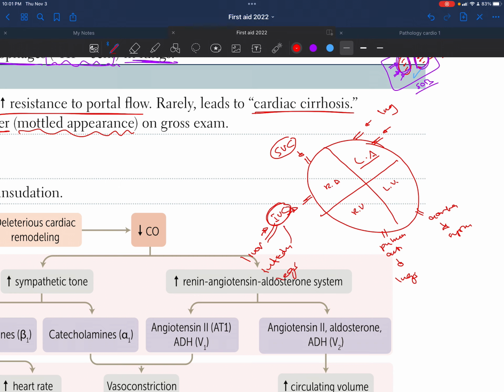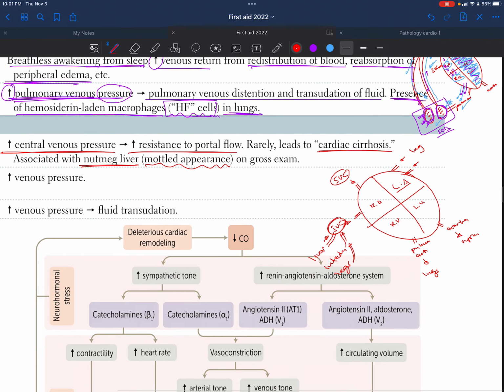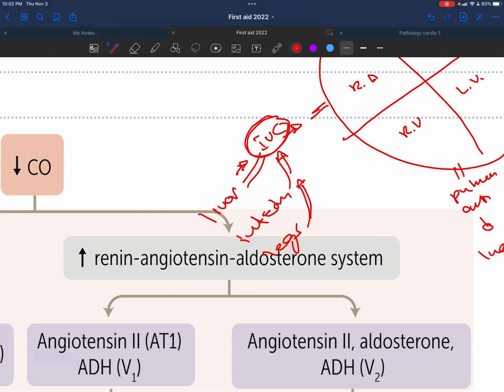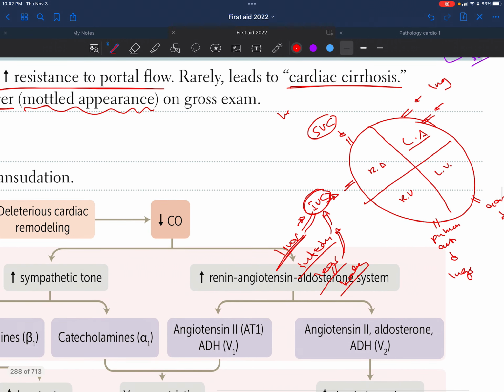All of that flows into the inferior vena cava. So under normal conditions, the blood coming from the hepatic circulation, from the liver, from the intestine, legs, kidneys, and everything else below, and from the head, of course, all flows into the right atrium.